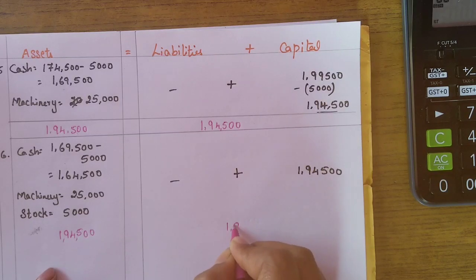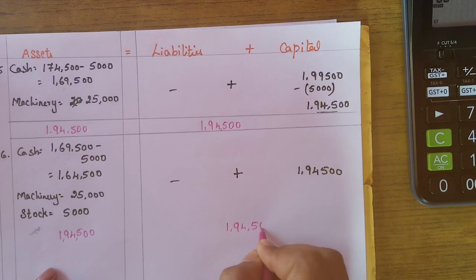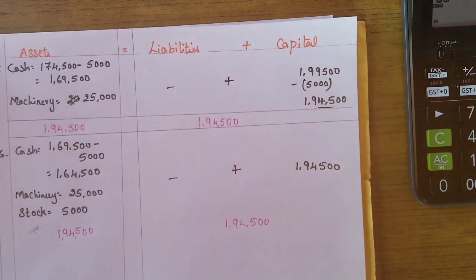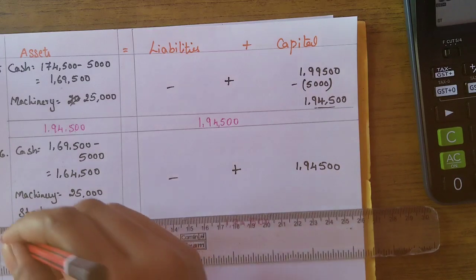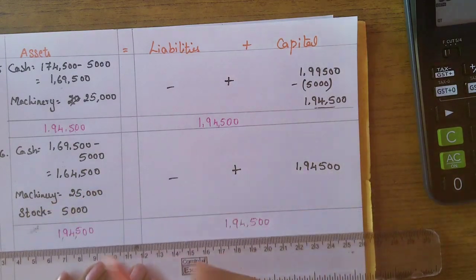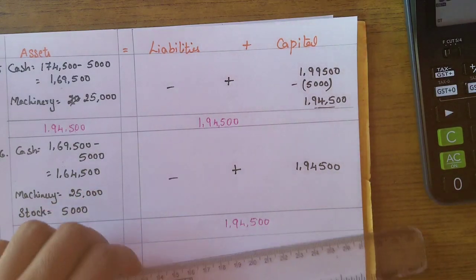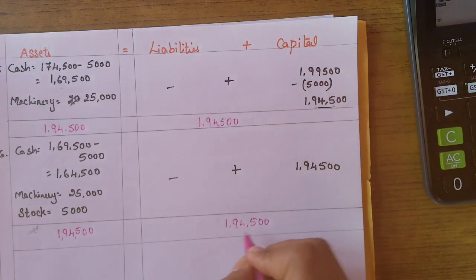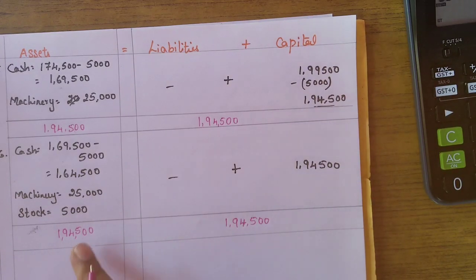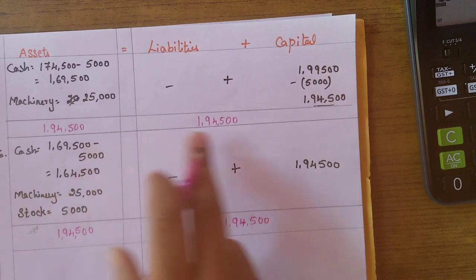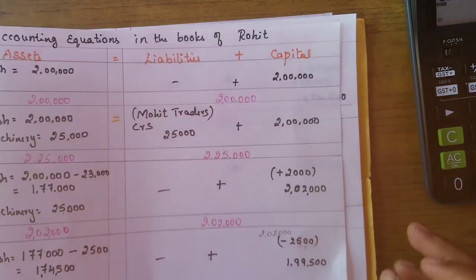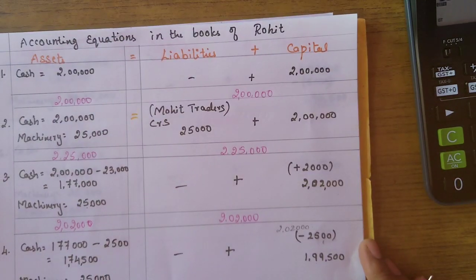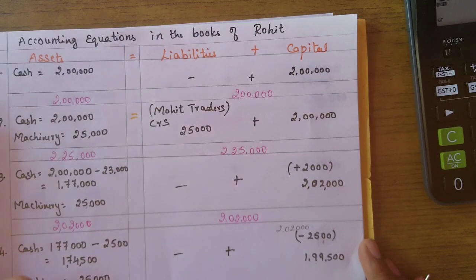So here also the same, since liability is nil, and the capital balance is 1,94,500. So both sides are tallied. So the accounting equation we have applied correctly. Both sides are equal. Okay. So this is how we are going to solve the problems in accounting equation.